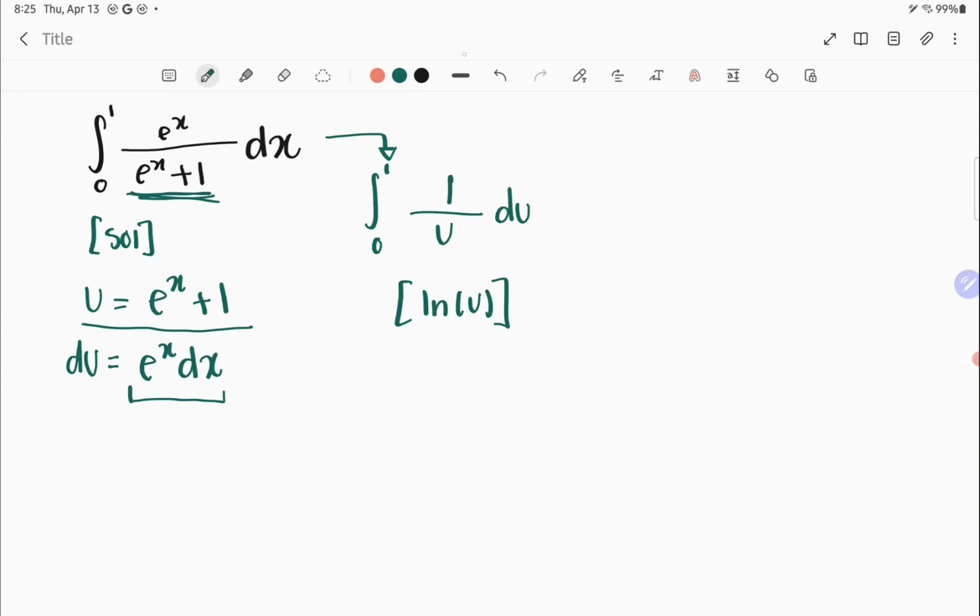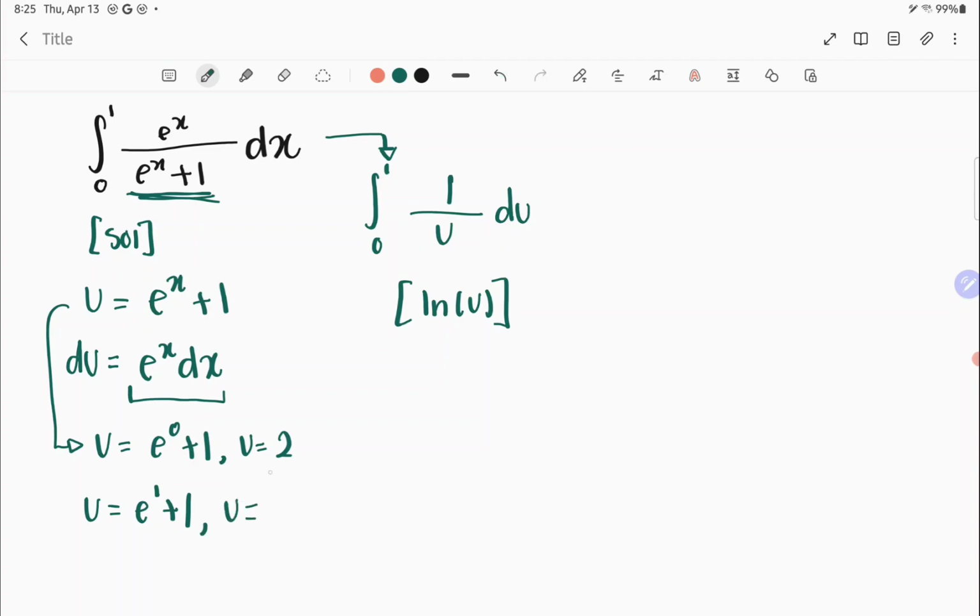So, for example, if we take this down here, let's replace x for 0, because we have a 0 in this bound. That's basically saying e to the power of 0 plus 1. This makes u equal to 2. Then we do the same thing for this one. We do u equals e to the power of 1 plus 1, which is simply u equals e plus 1.